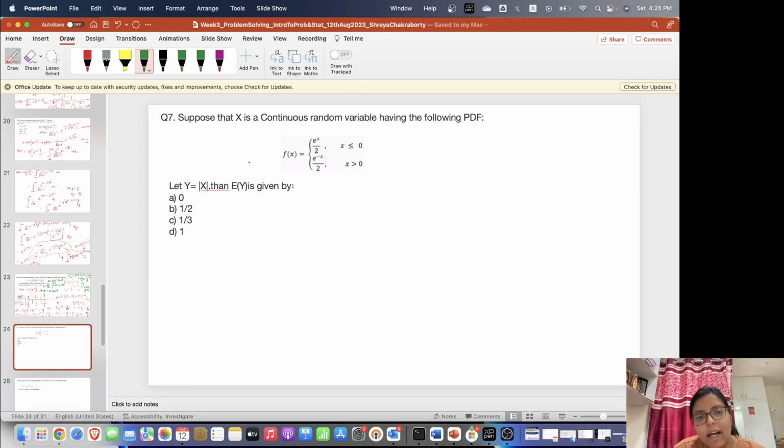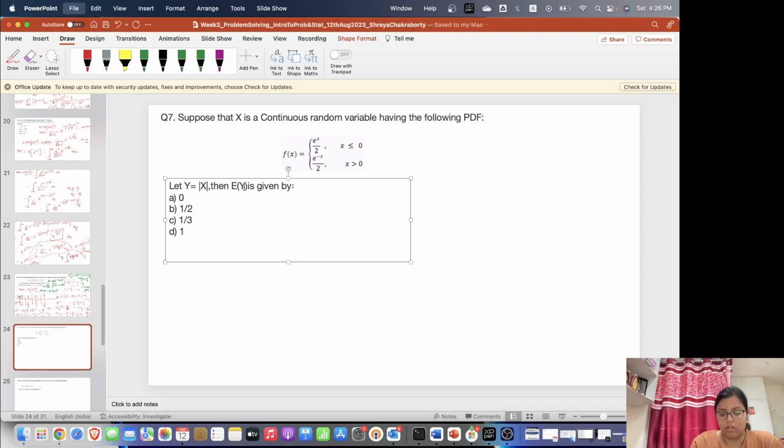Here we have another problem. Suppose x is a continuous random variable having the following PDF. Then y equal to modulus of x, then expectation of y will be given by what?